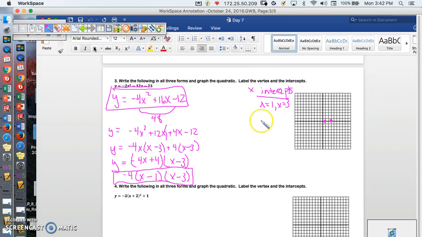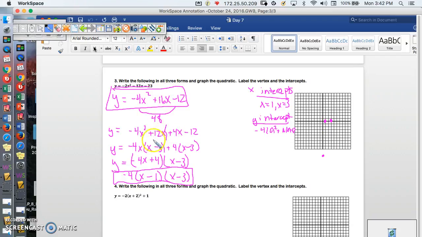Okay, and then our y-intercept, well, let's see if we plug in 0 here, negative 4 times 0 squared plus 16 times 0 minus 12. 0 and negative 12, which something's got to be off here. Let's take a look back, because 0 and negative 12 makes absolutely no sense. The y-intercept is not in the middle. So let's check out this factoring again.